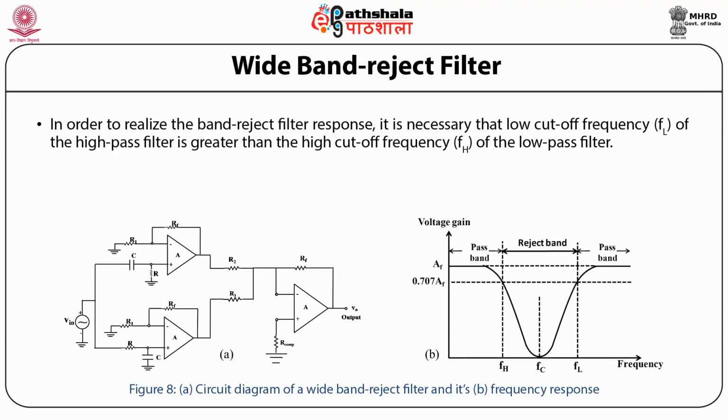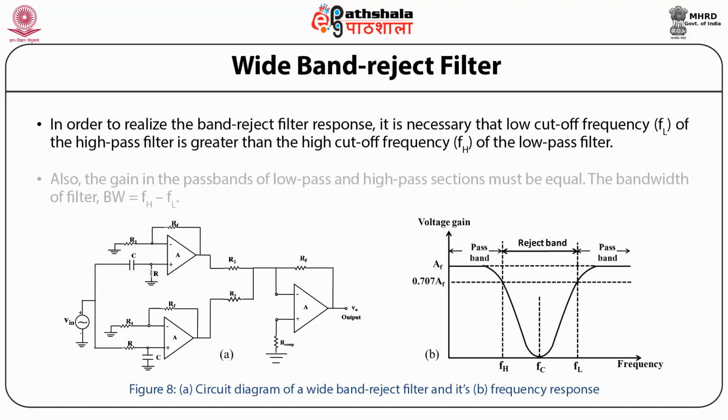In order to realize the band reject filter response, it is necessary that the low cutoff frequency FL of the high pass filter is greater than the high cutoff frequency FH of the low pass filter. Also, the gain in the pass bands of low pass and high pass sections must be equal. The bandwidth of the filter is equal to FH minus FL.